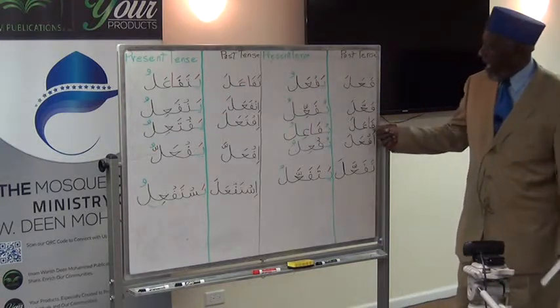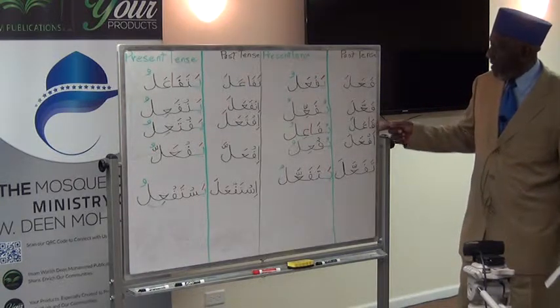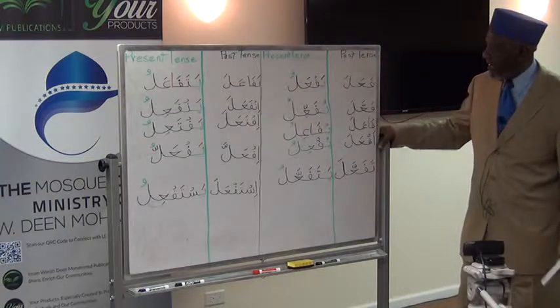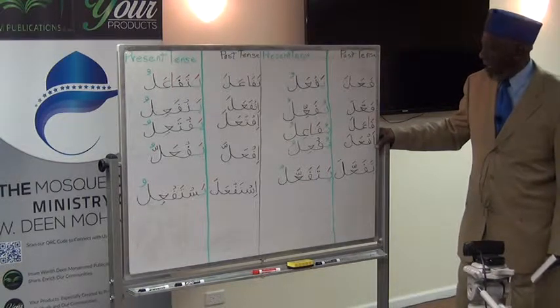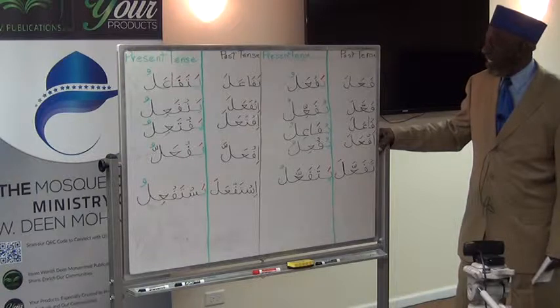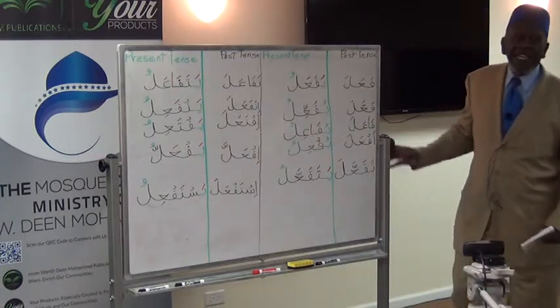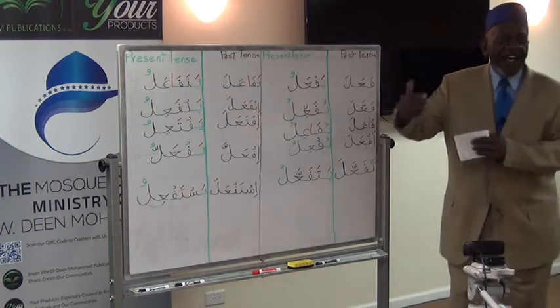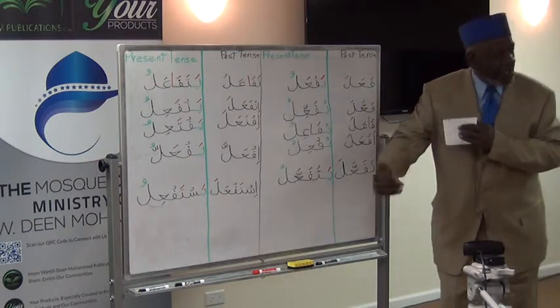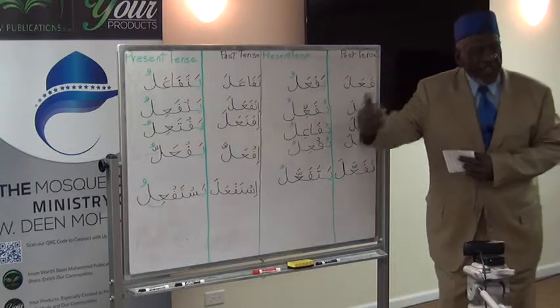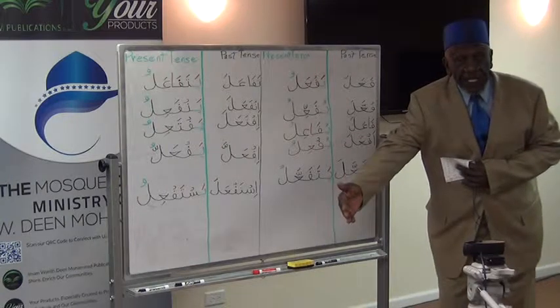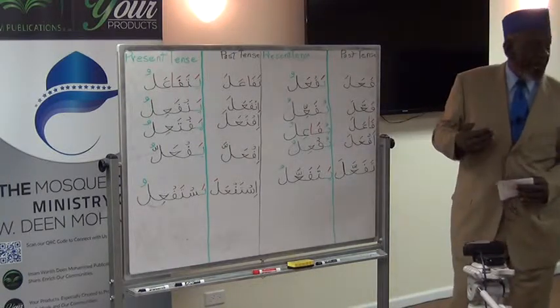And then fa'ala, with a long vowel, we have what we call an extended vowel here after the first letter. That indicates that this is a reciprocal process, meaning an exchange between parties. In other words, it's happening, it happened to him, and he caused it to happen back.